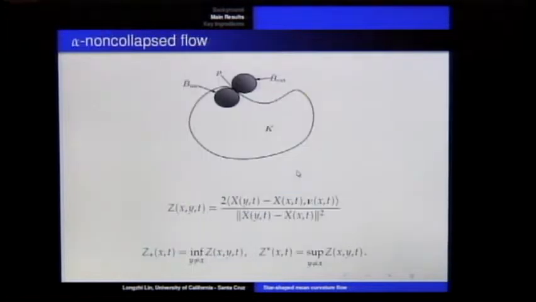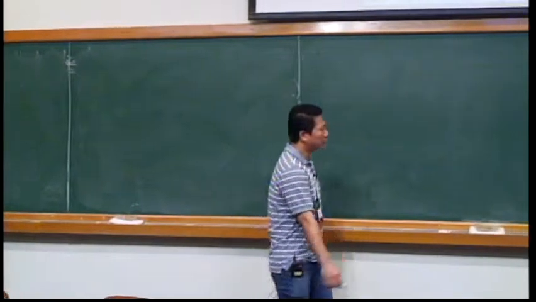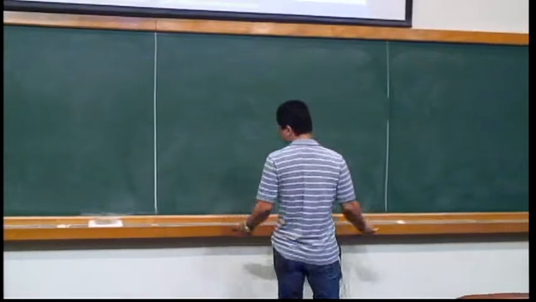Okay? So intuitively, the picture looks like this. The boundary of the region satisfies the alpha non-collapse condition if at this point it admits two spheres with a radius at least alpha divided by f. So, in order to see this kind of condition, let me explain a little bit how you use this kind of condition.